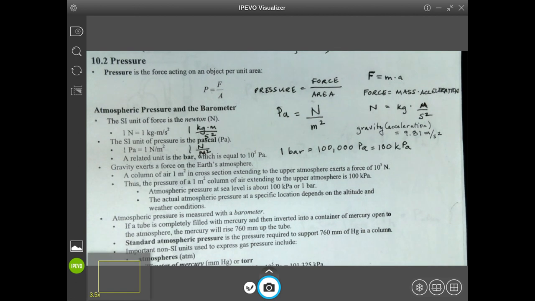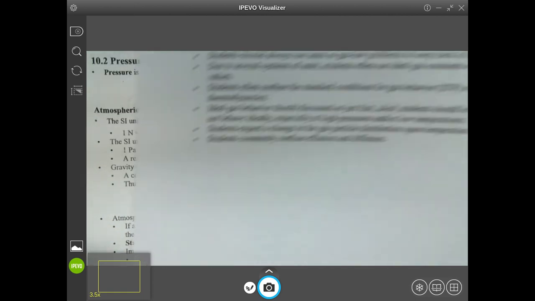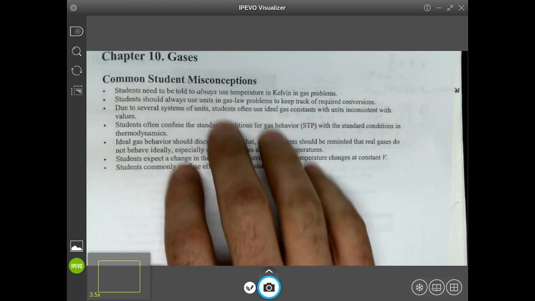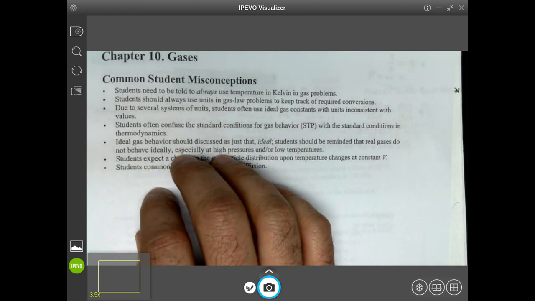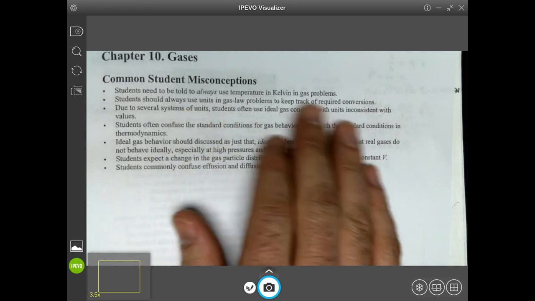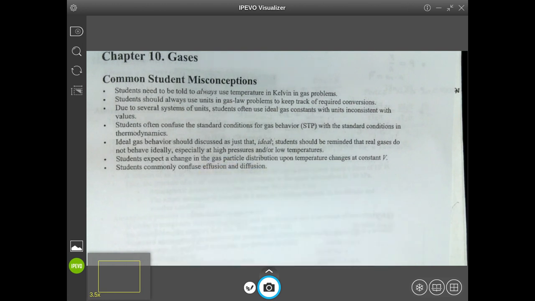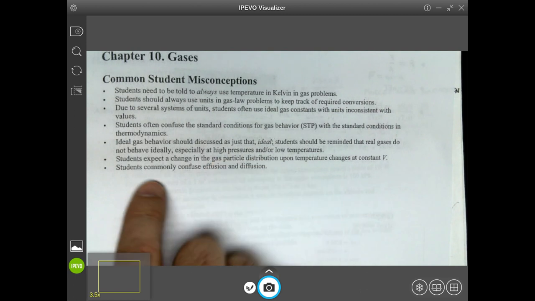Okay, that other sheet that I handed you guys out, on the back of it, it has something from one of the teachers' books that gives us common student misconceptions. So it's just things that trip up students sometimes, or things that I as a teacher should make known to you because it can be confusing.